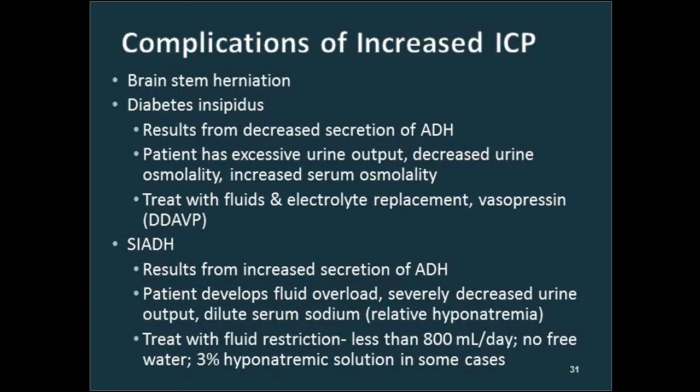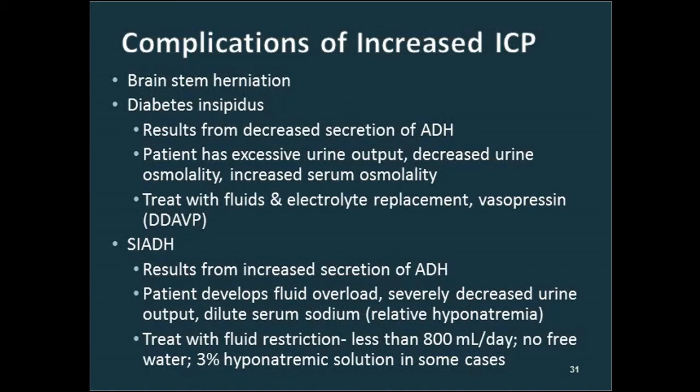Diabetes insipidus. Go back and brush up on diabetes insipidus. It's the result of a decrease in ADH, antidiuretic hormone. We don't have enough of it. We don't have enough of the no-pee hormone, so the patient just pees and pees and pees.